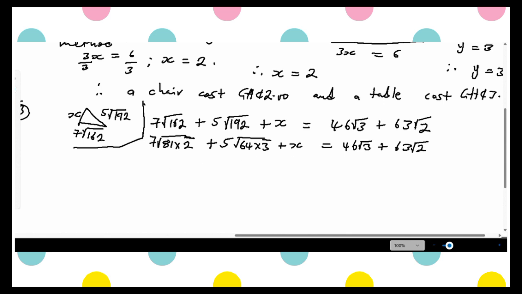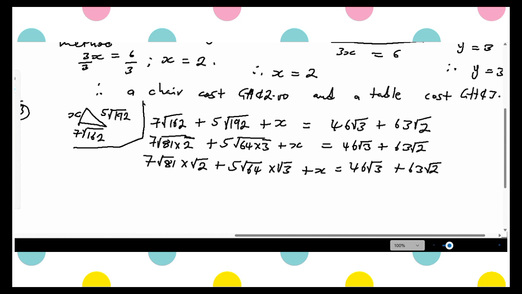Right, then at this point, this could be written as 7 root 81 times root 2 plus 5 root 64 times root 3 plus x equal to 46 root 3 plus 63 root 2.